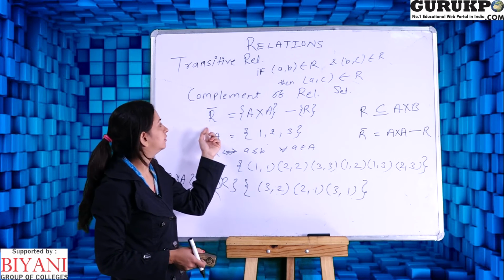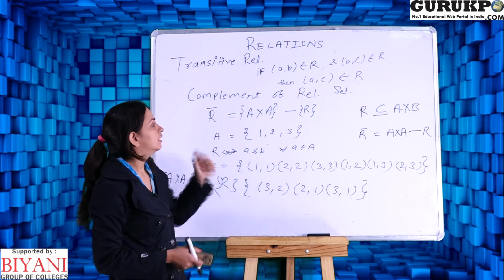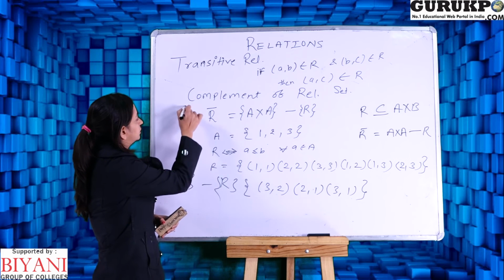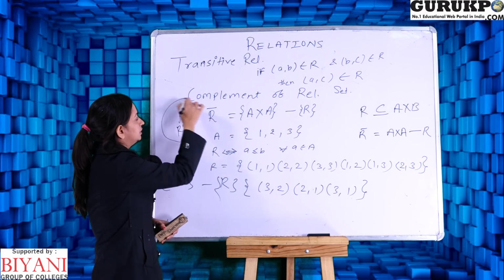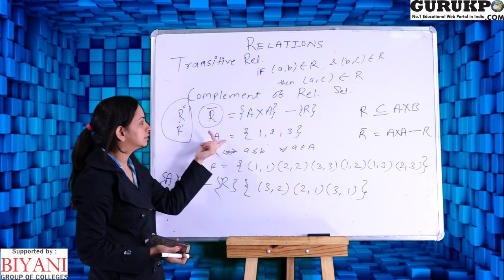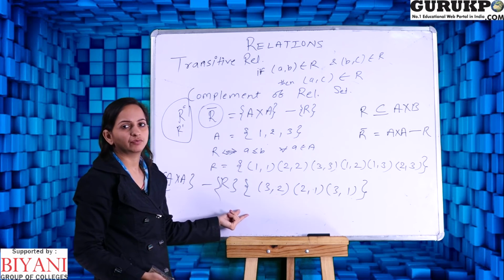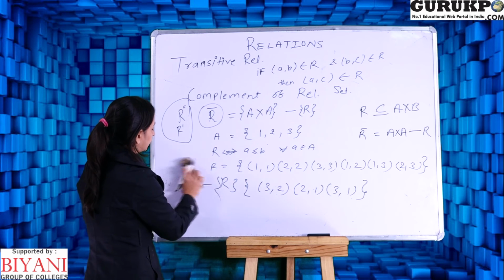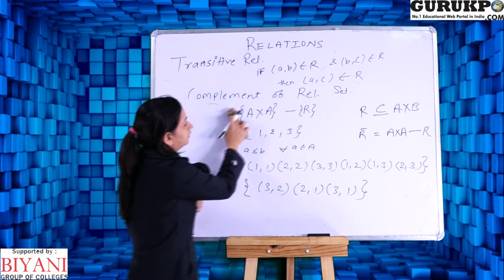We can represent the complemented set with a bar on the set, a small c on the set, and a dash on the set. So these three are the representations for the complemented set. We have already discussed this in the set chapter, I am repeating it, and here you can find the complement of a relation.